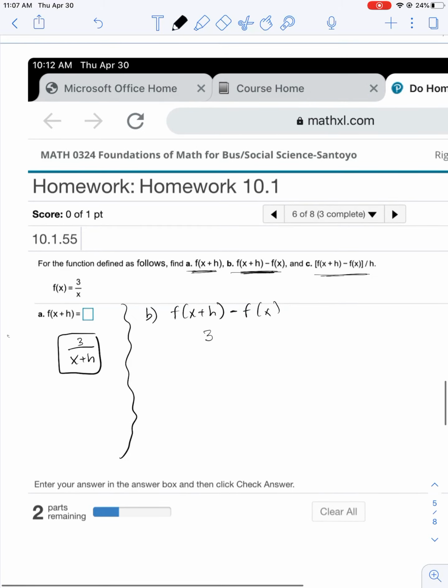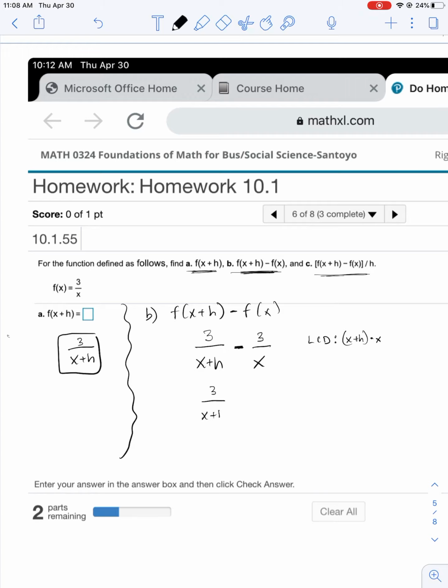So it's 3 over x plus h minus f of x, our original problem. So it's minus 3 over x. Here we're subtracting unlike fractions, so we have to find our LCD. Our LCD is just going to be the first denominator times the second denominator.